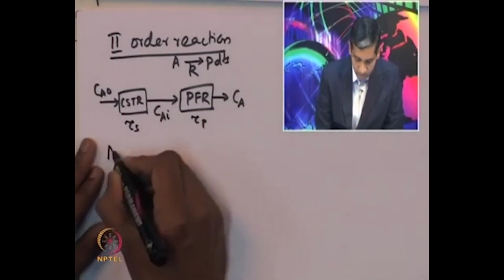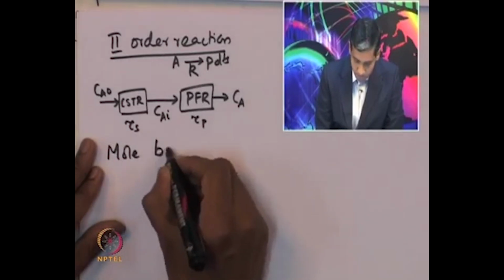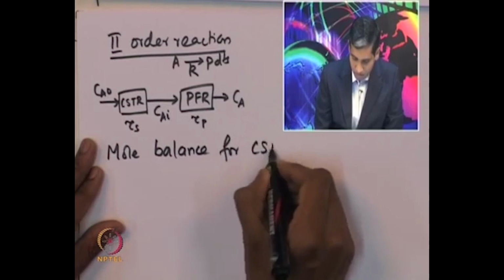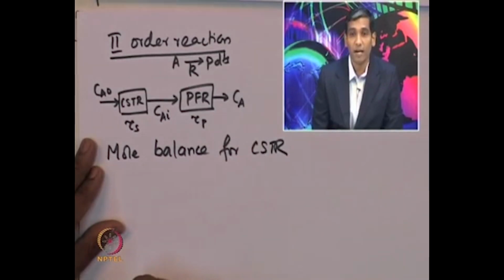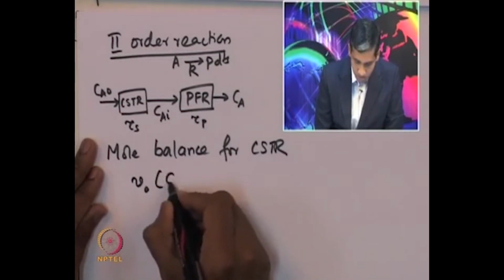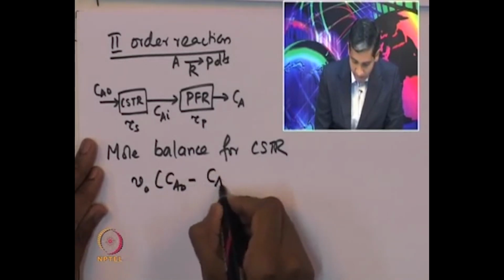So, now we can write a mole balance for CSTR, and the mole balance is that v naught into (Ca naught minus Cai).